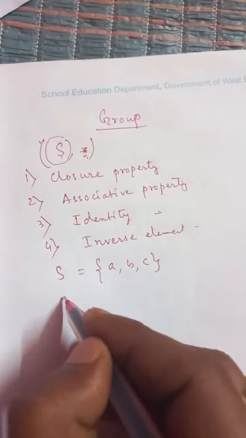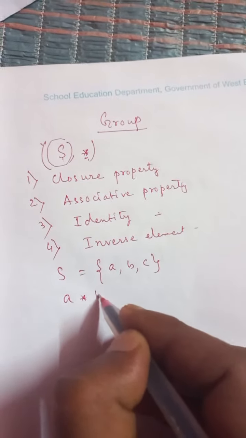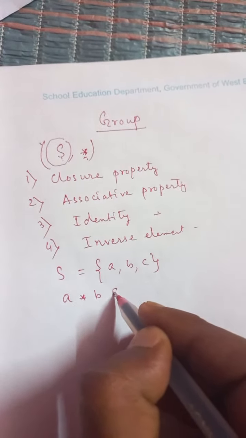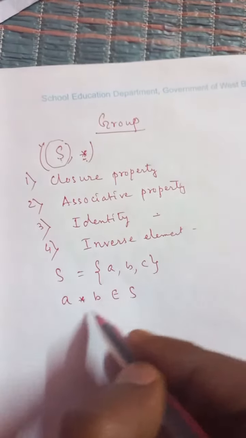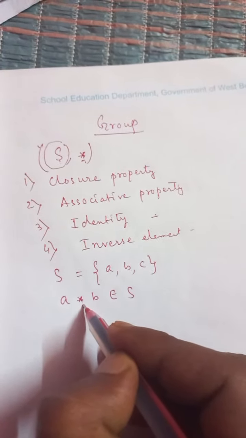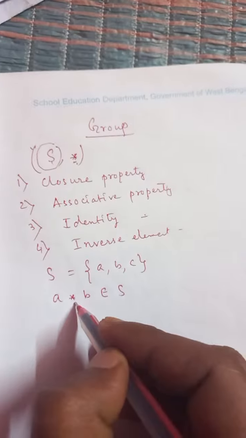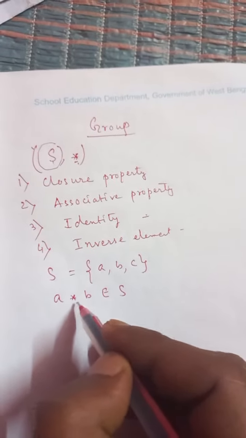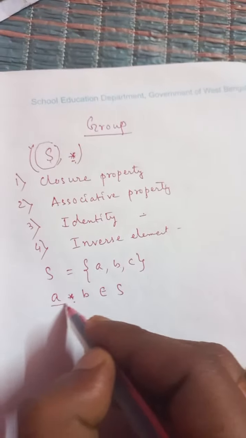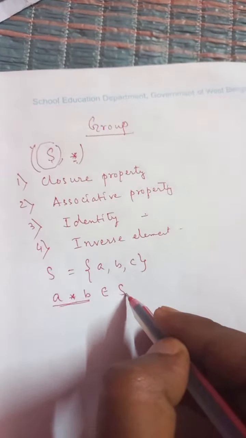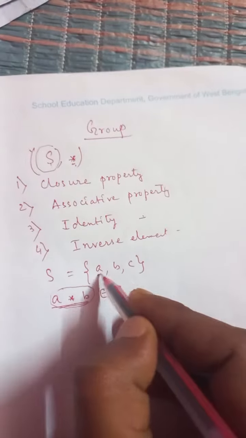With respect to this binary operation, we will find that A binary operation B must belong to the set S, since A and B both belong to S. This element which we have newly found must belong to S, so it must be A or B or C.